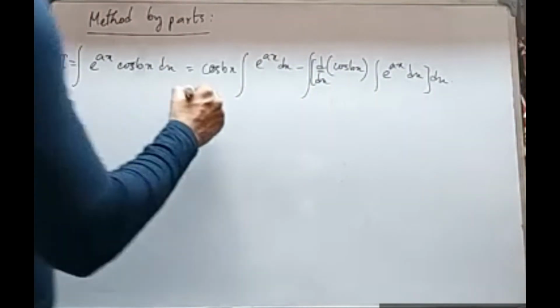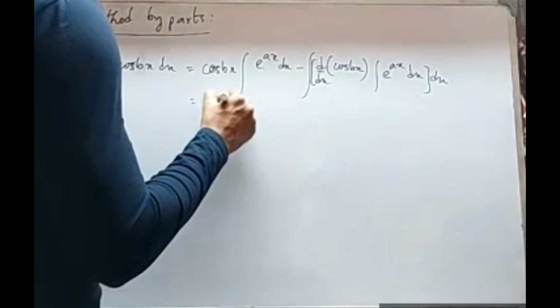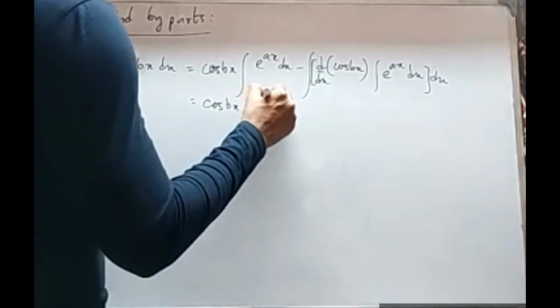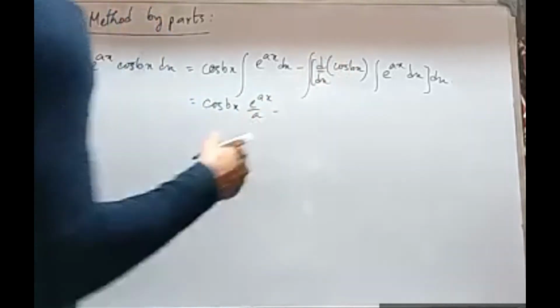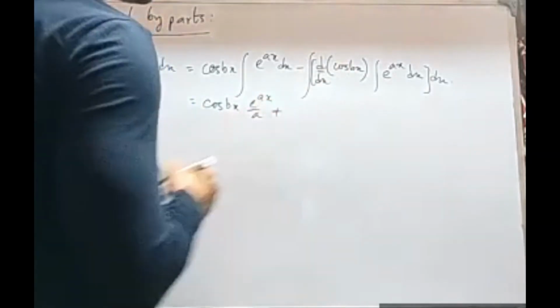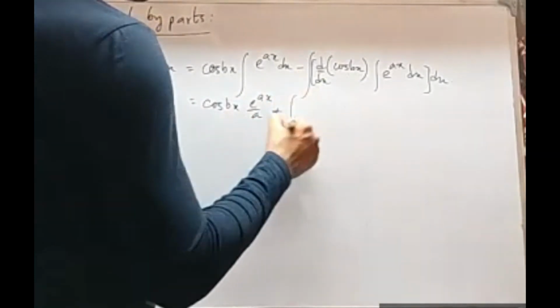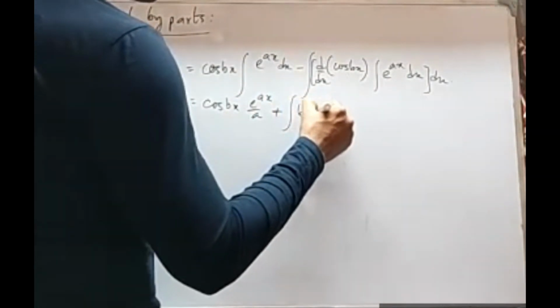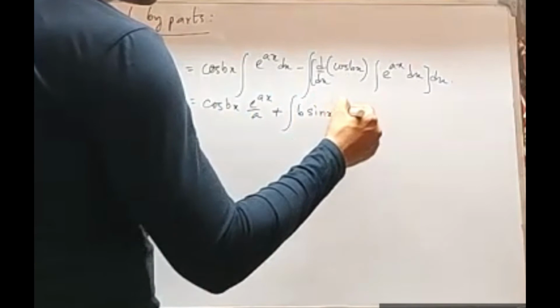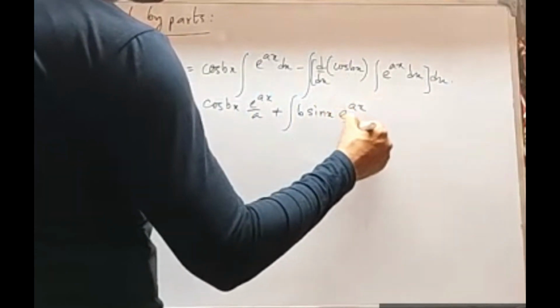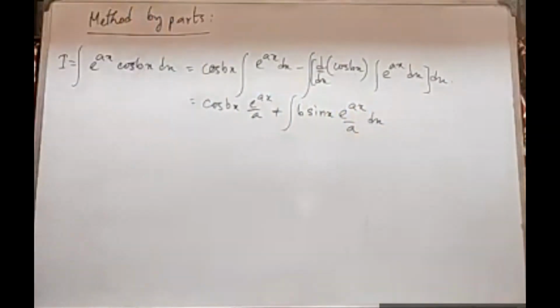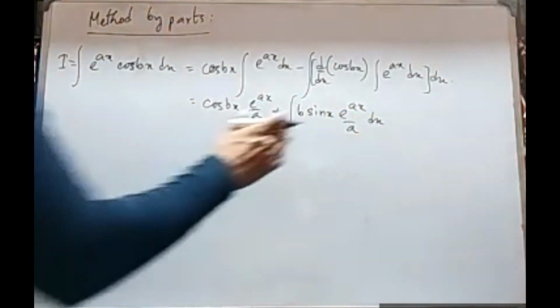So cos bx e to the power ax by a minus, derivative of this, so it should be minus b sin bx, and then e to the power ax by a dx. Sorry, sin bx will be there.